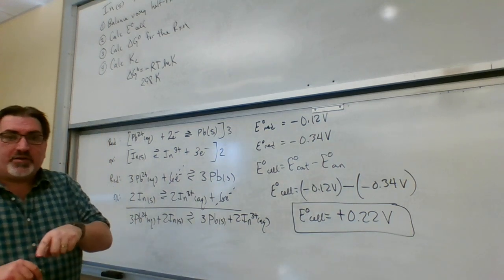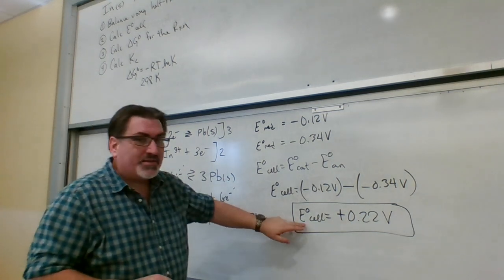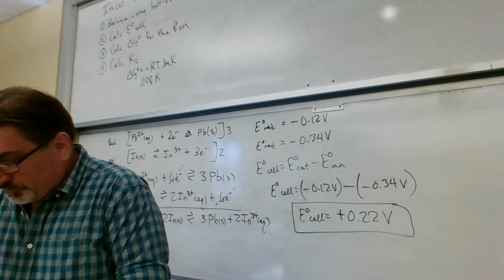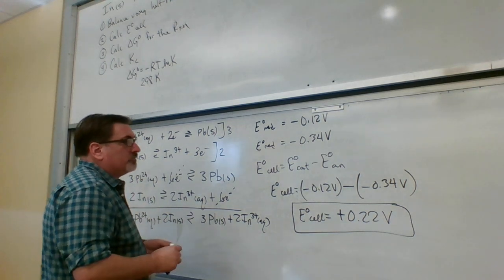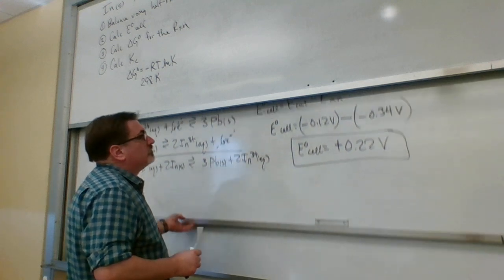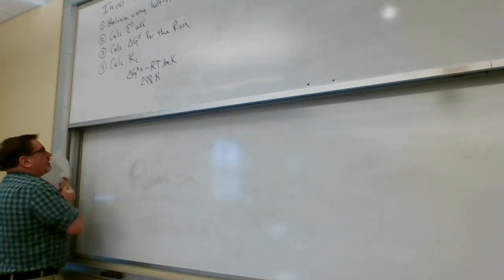All right, pause the video there. Calculate delta G for the reaction based on this E0. All right, so E0 is plus 0.22 volts.